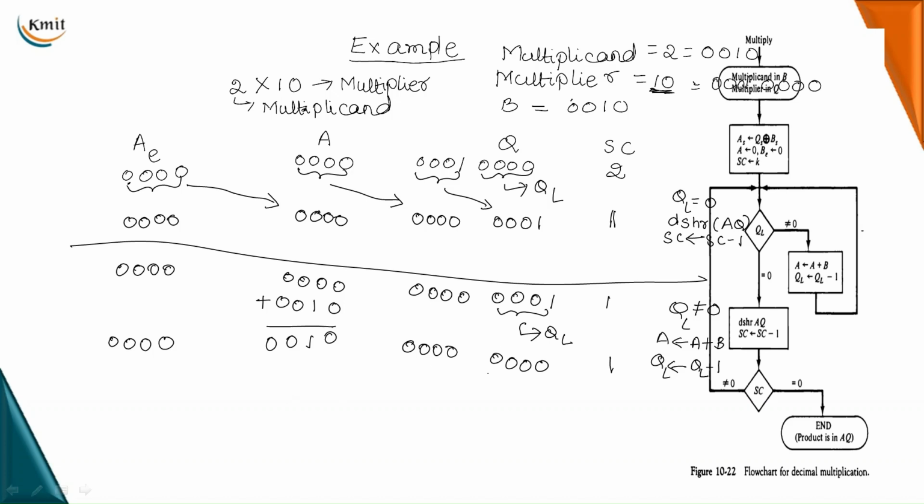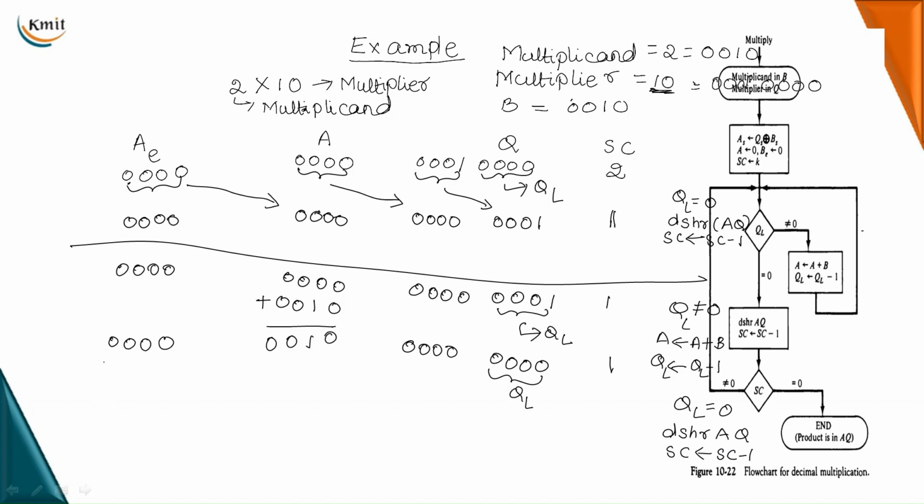Now what do we have to do? After performing this, we again check the value of QL. This time QL is equal to 0, so you perform a decimal shift right on AQ and decrement the sequence counter by 1.